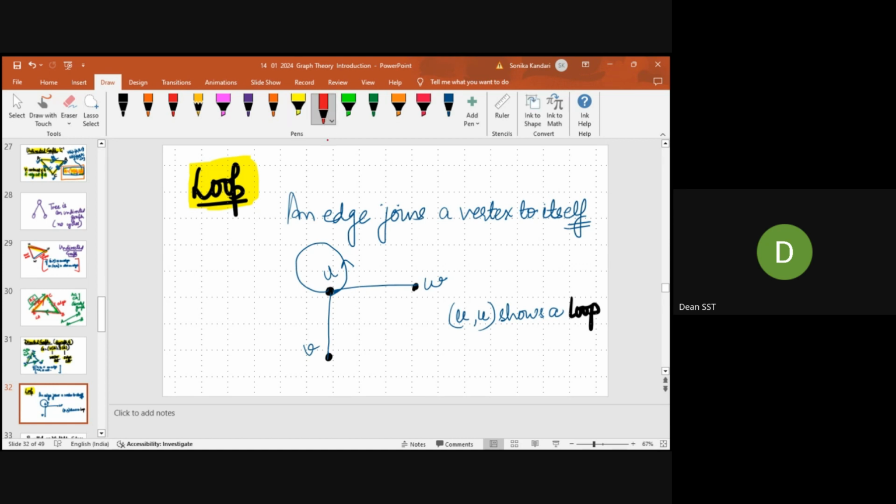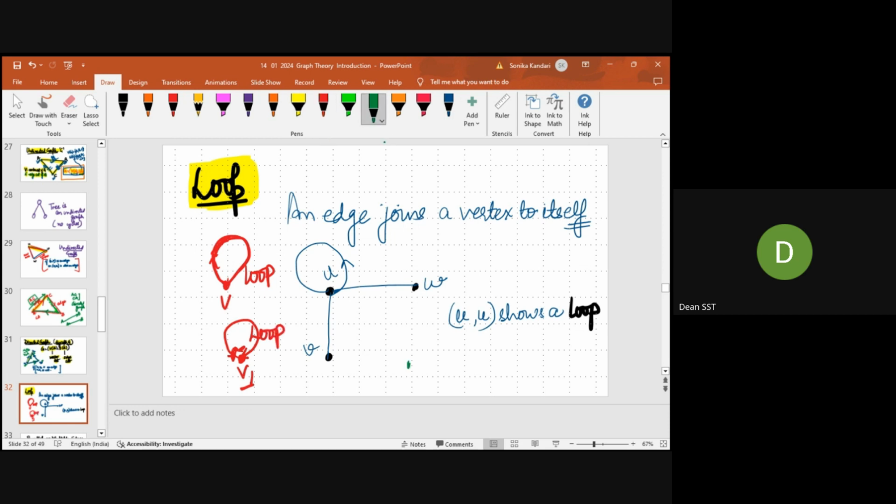In graph theory, if we have one edge that starts from the same vertex and ends at the same vertex, then that edge is known as a loop. Suppose we have vertex v1, and an edge starts from here and ends at the same point. Then this is a loop.